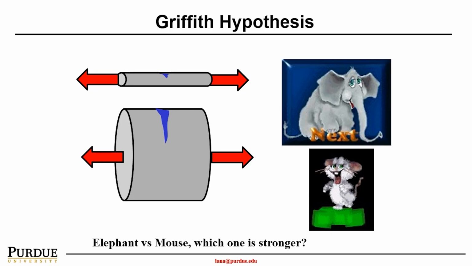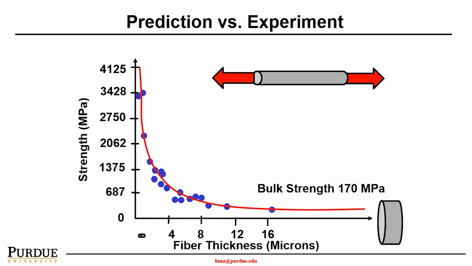In other words, if it's the same material, we can make an elephant or make one as small as a mouse. Which one is stronger? So Griffith was really motivated by these contradictory facts.